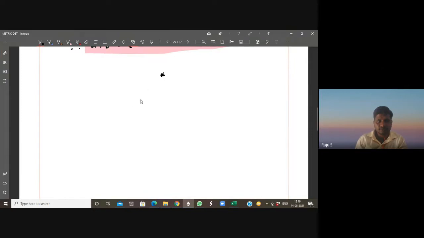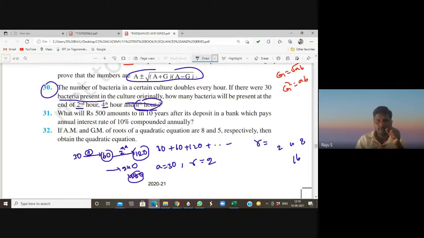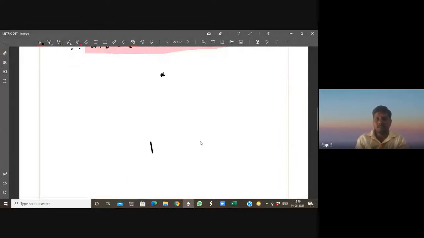Here, what is given? The number of bacteria every hour is double. Therefore, the number of bacteria after every hour will be in GP or AP? GP. Double is nothing but GP, not AP.